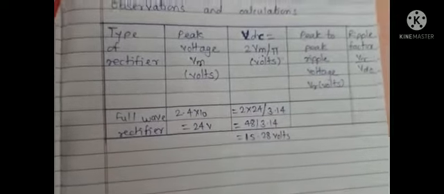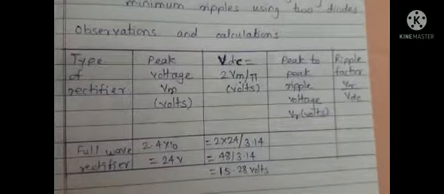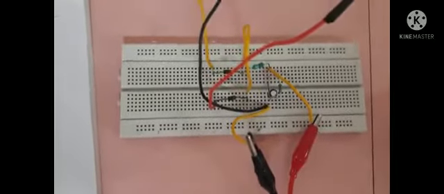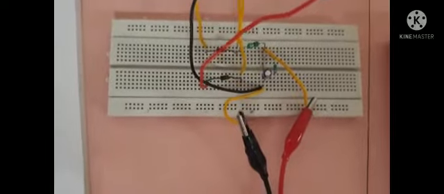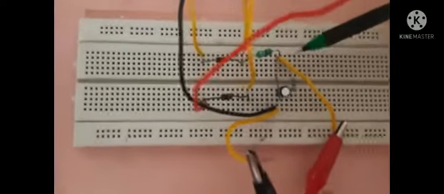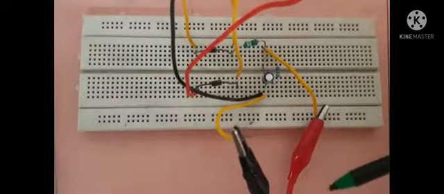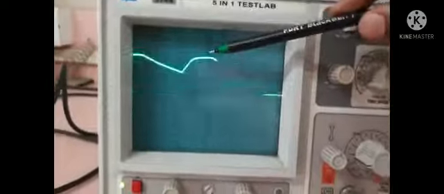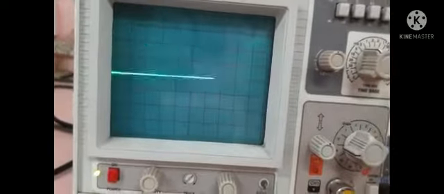Now we measure the ripple voltage. Now we measure the peak to peak ripple voltage VR, and for that from this inductor we connect the CRO probes, and on the CRO we get that output. Here we measure the height from the ground level.